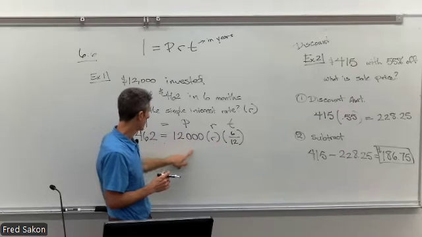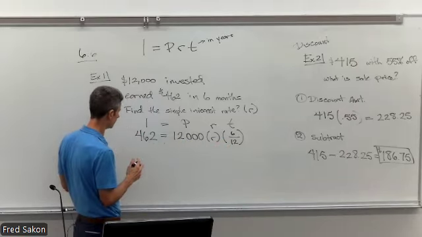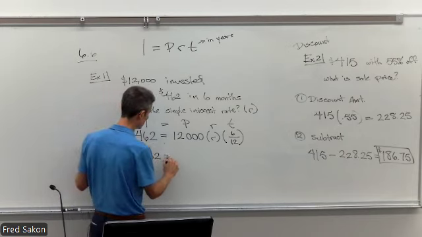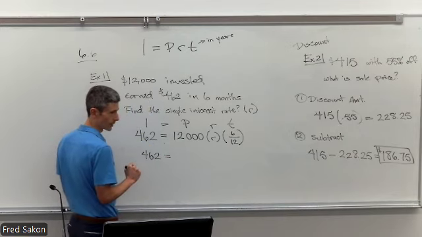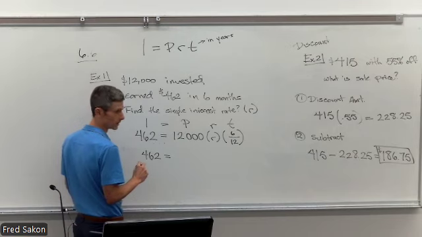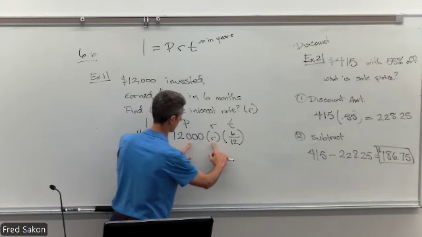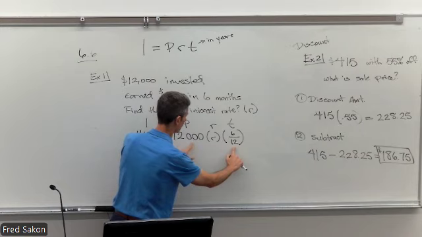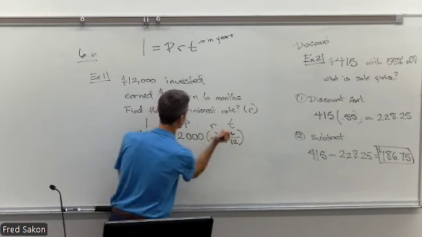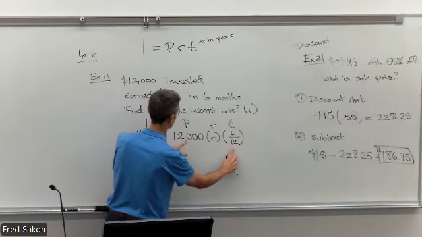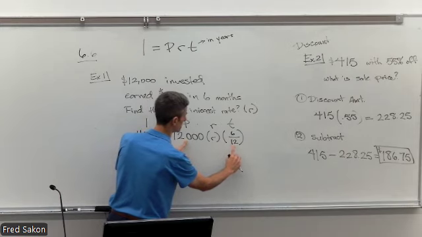Okay, then how do we solve this? 462 equals, well, what might we do? That's kind of like what we're finding, what we don't know. We could operate with these two. This is times everywhere here, so we can do this times part. What's 12,000 times 6/12 or 1/2?